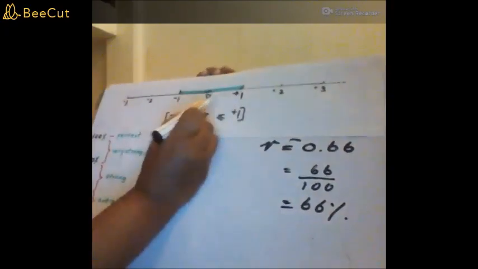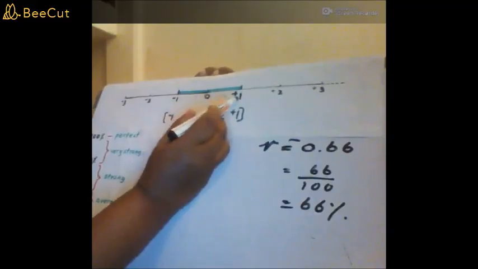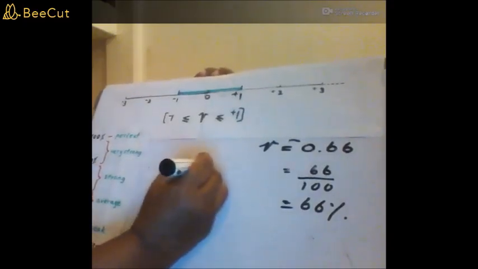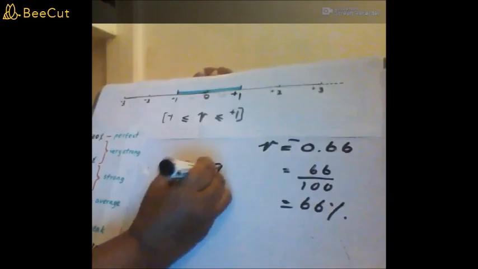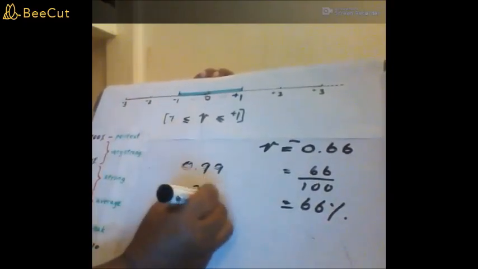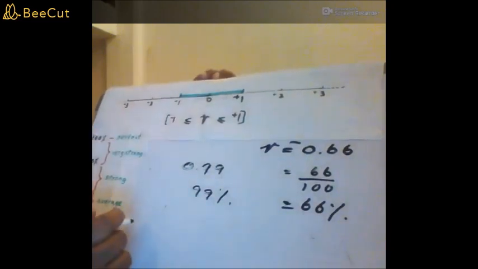Now here it's 0, here it's 1. Between 0 and 1, you can have any value. If it is very close to 1, say 0.99, right? So as a percentage, 99%, very close. It's not perfect, but very close.